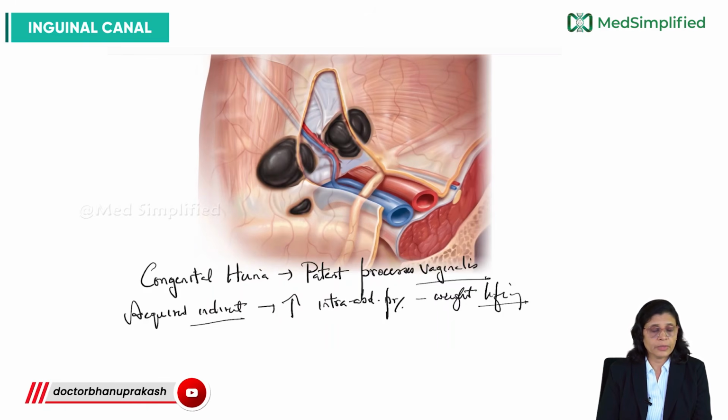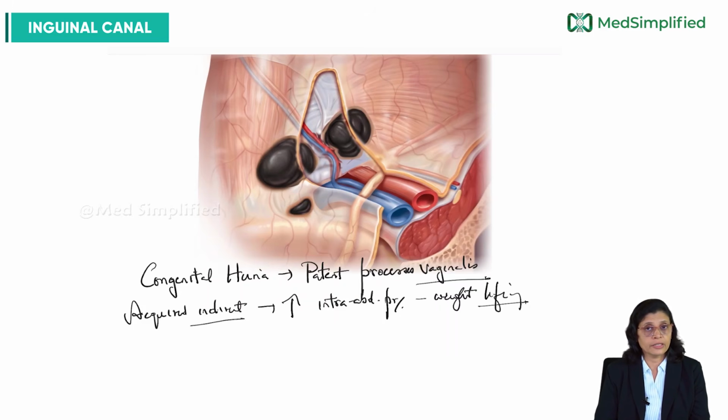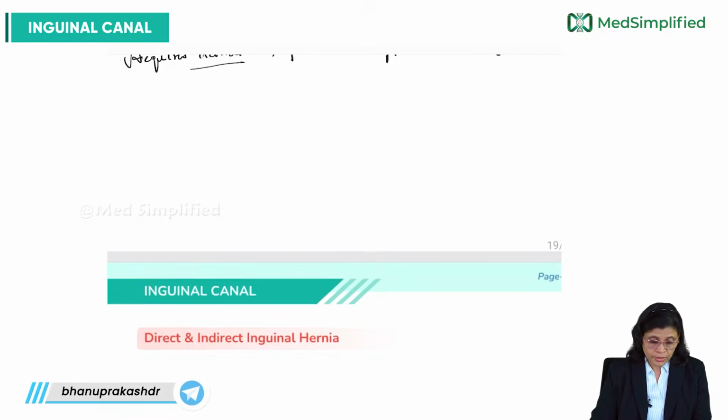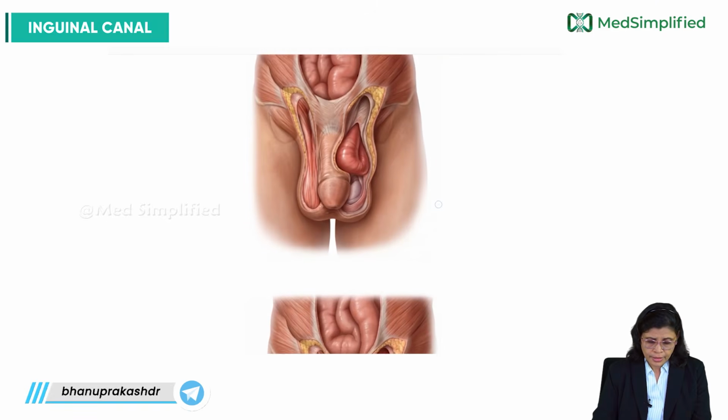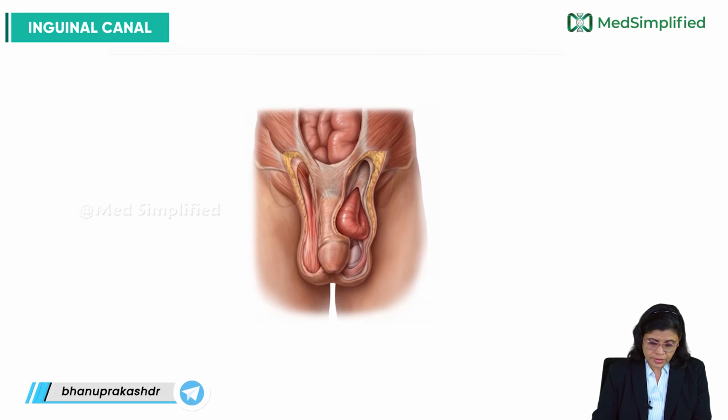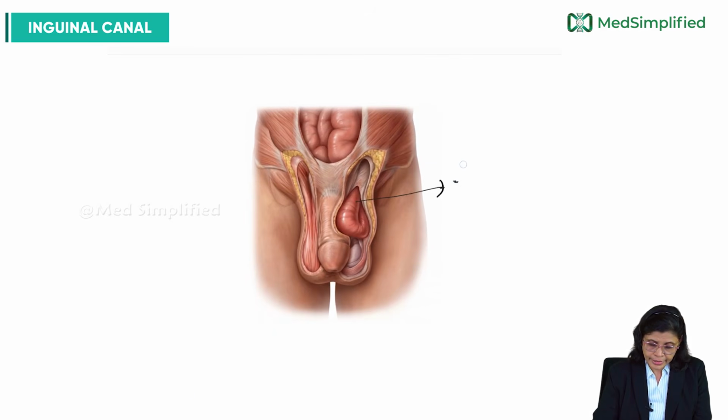Here you have to remember one thing: in weightlifters the muscle strength will be very good, the abdominal muscles are not weak. But because of the increased pressure when they are lifting the weight, sometimes the abdominal contents can herniate through the deep inguinal ring. Then it becomes an acquired indirect hernia. So that is what we see as the indirect hernia.